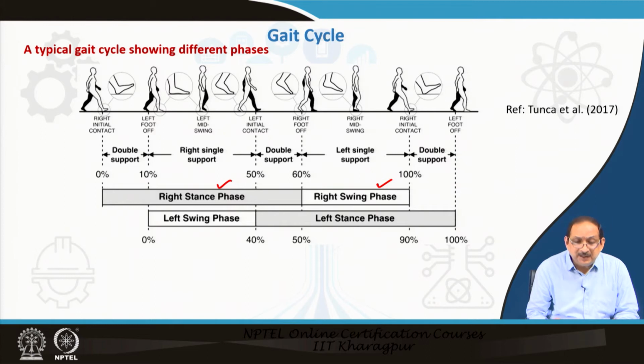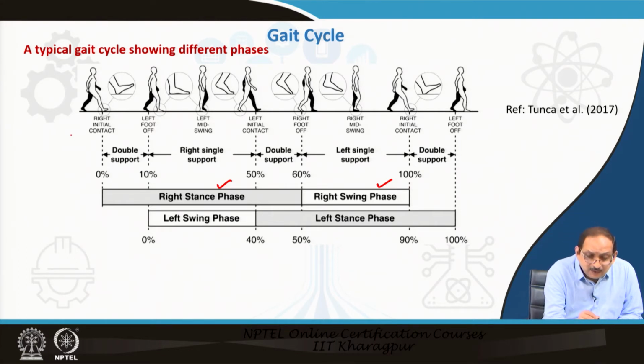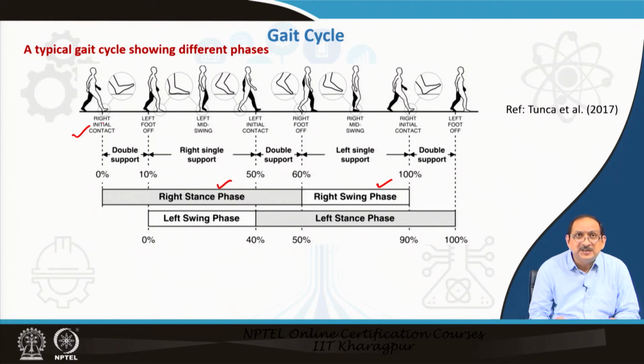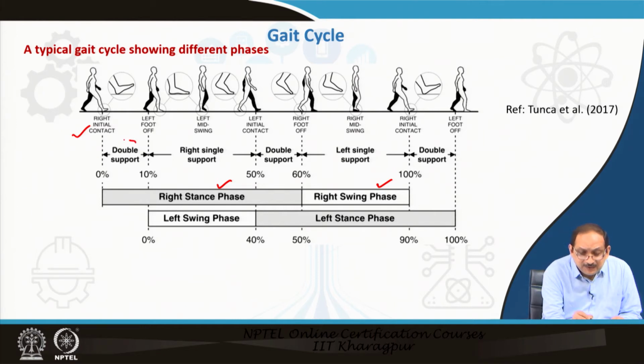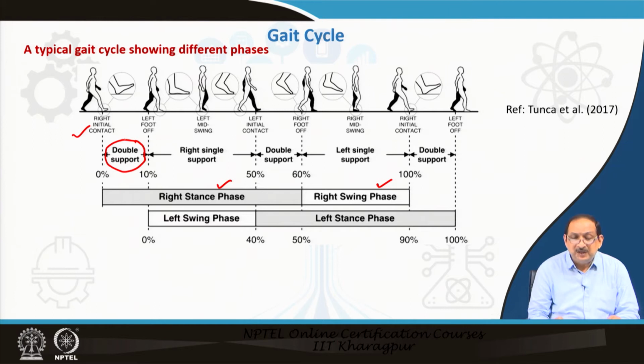So, please pay your attention on the right leg, because the gait cycle will be explained with respect to the right leg to start with. The right leg contacts the ground, so that is heel strike where the gait cycle starts. During this initial phase, the double support phase, both the legs, left and right, are in contact with the ground.